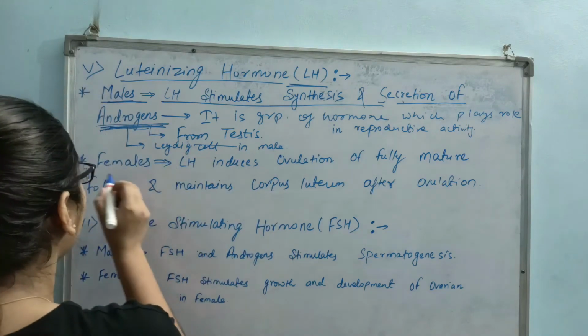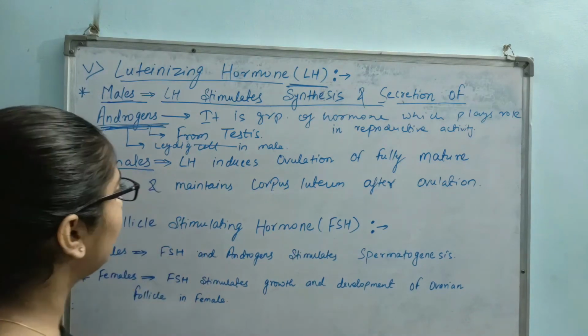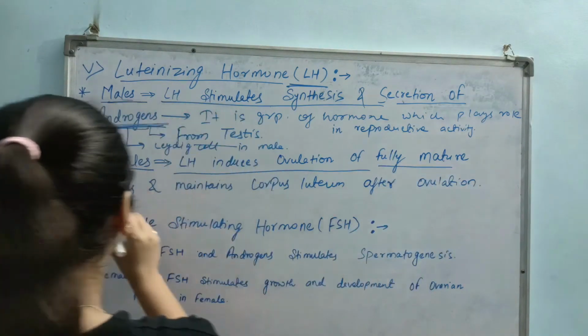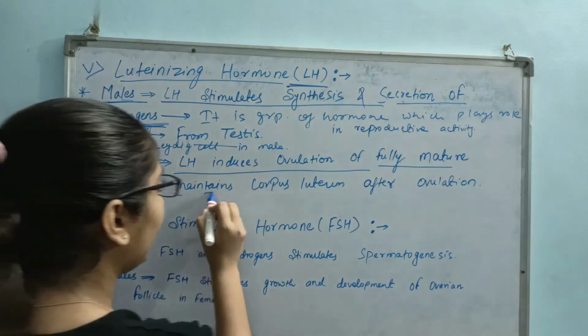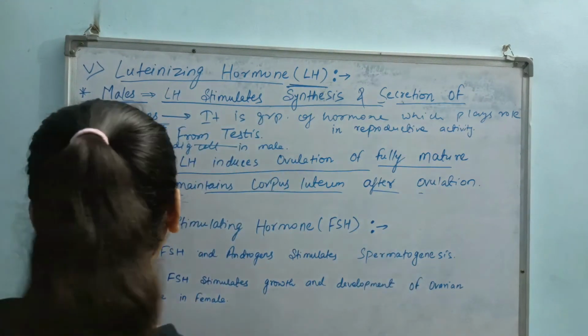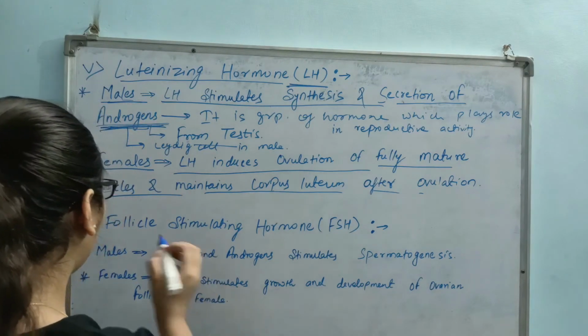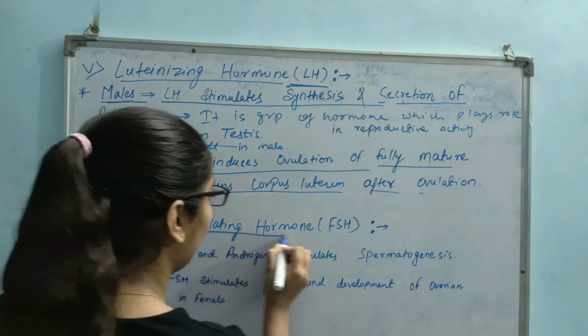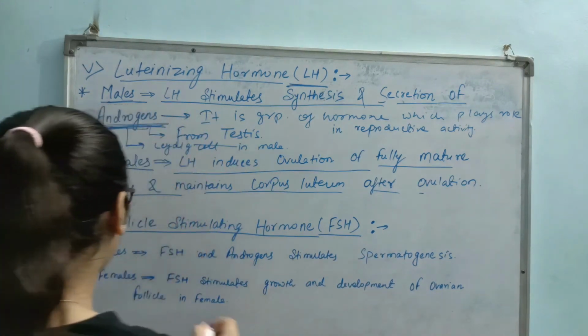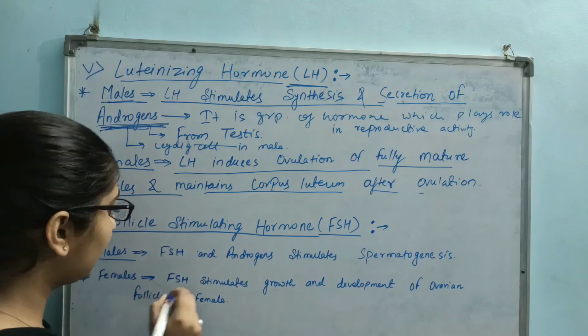Now what is the function of LH in females? It induces ovulation of fully matured follicles and maintains the corpus luteum after ovulation. Now the sixth hormone, that is follicle stimulating hormone, known as FSH in short form. What is the function of FSH in males?